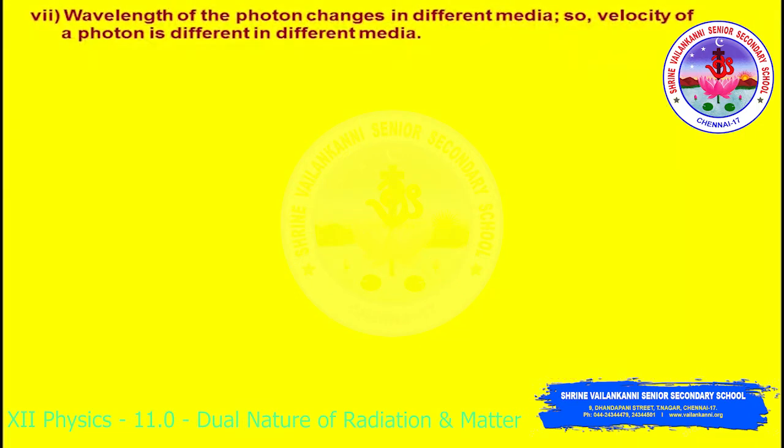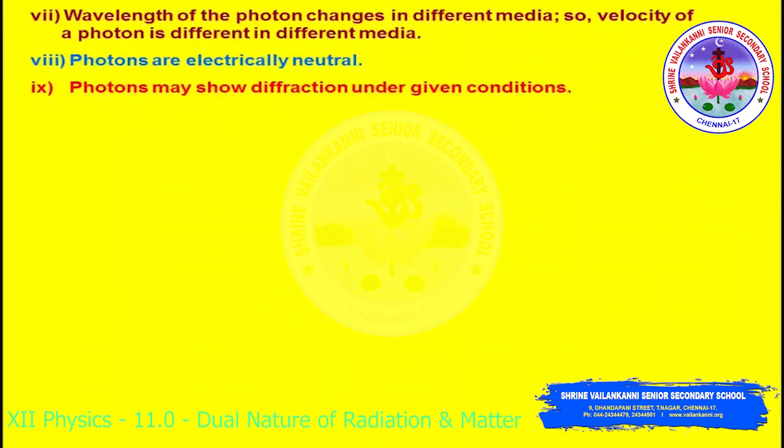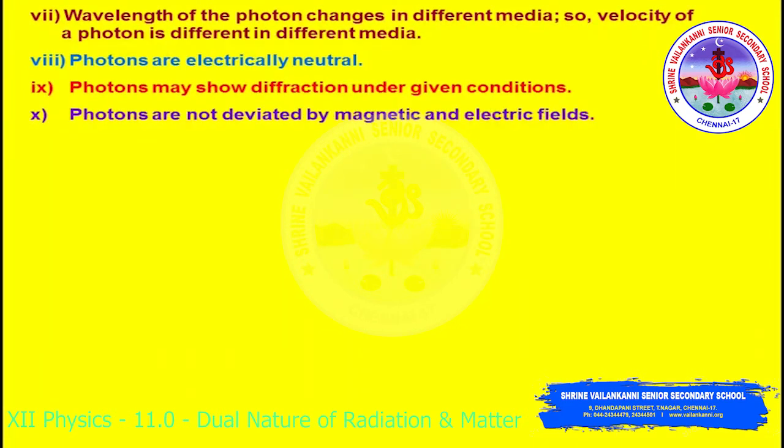Also, the wavelength of the photon changes in different media, so the velocity of the photon is different in different media. The photons are electrically neutral. The photons may show diffraction under given conditions. The photons are not deviated by magnetic or electric fields, right?